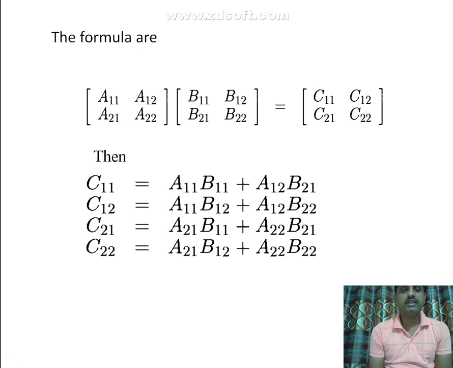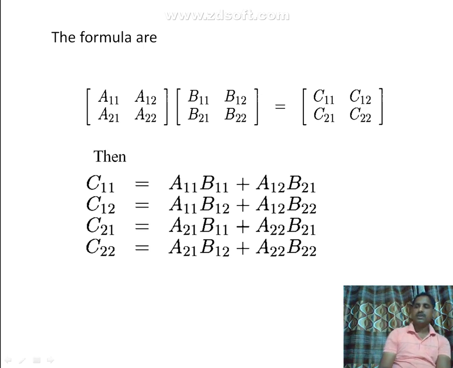C11 is A11 B11 plus A12 B21, and C12 equals A11 B12 plus A12 B22. Then C21 equals A21 B11 plus A22 B21. Then C22 equals A21 B12 plus A22 B22.